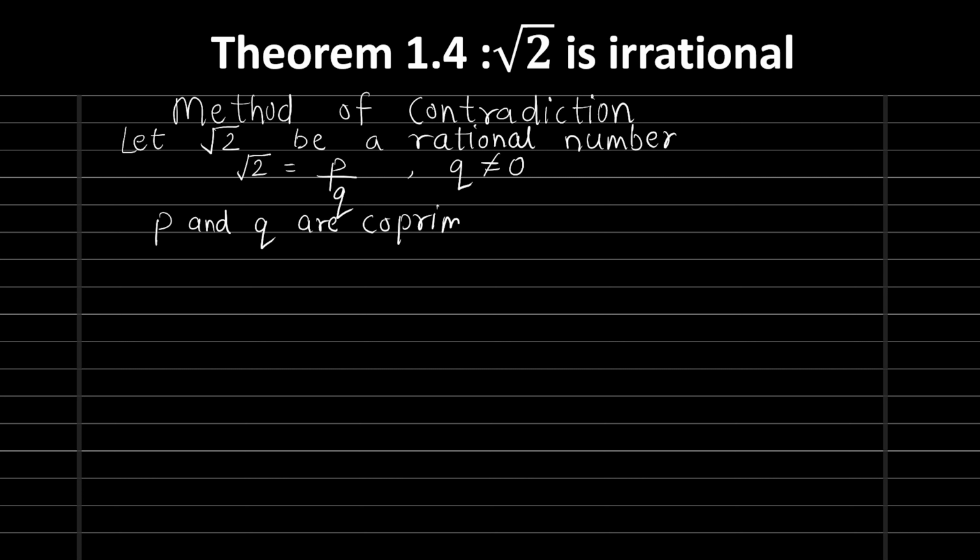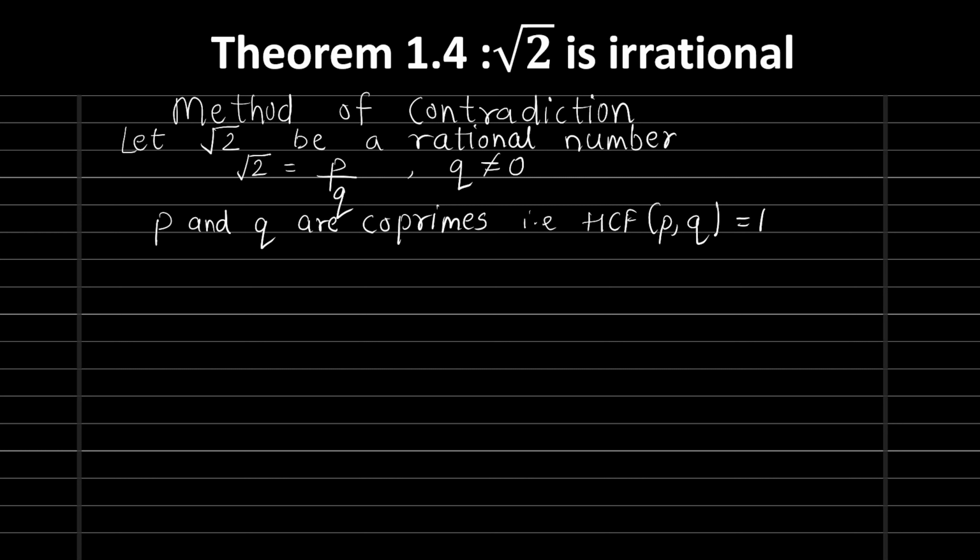Now what is the meaning of coprimes? It basically means that the HCF, the highest common factor, of P and Q will be equal to 1. You can write it like that: HCF of P and Q is equal to 1.